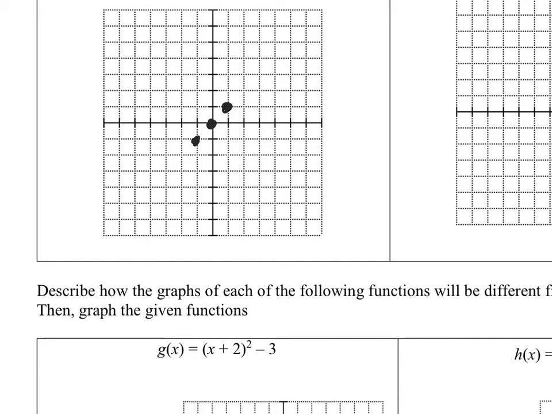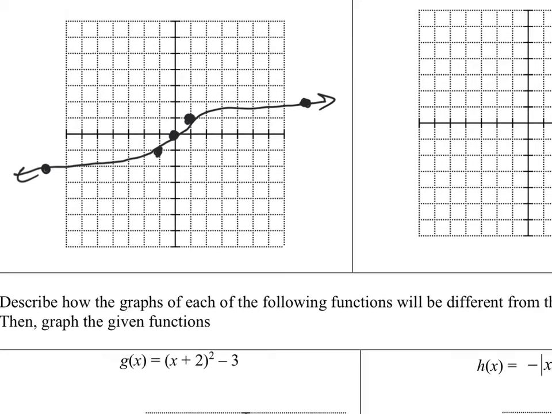Let's say x is 8. Well, the cube root of positive 8 is 2. And the cube root of negative 8 is negative 2. So our function now looks like this.